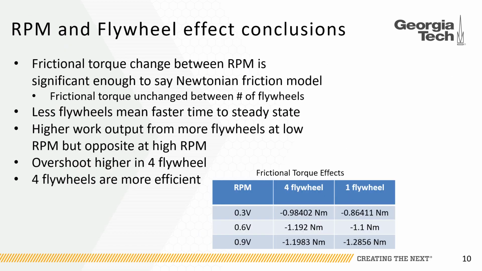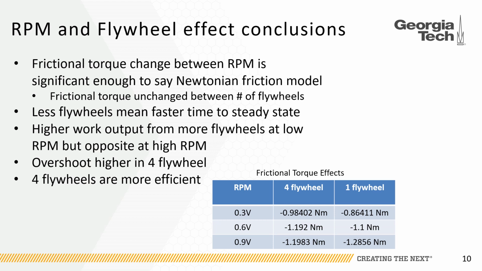As far as conclusions go, some of the things we were thinking about were frictional torque. The change between RPM is significant enough to say that it's a Newtonian friction model, so the friction changes with RPM. And the frictional torque is unchanged based on the number of flywheels, which is a good thing.